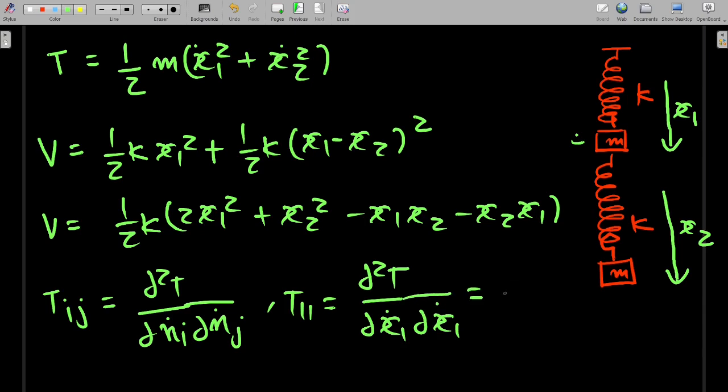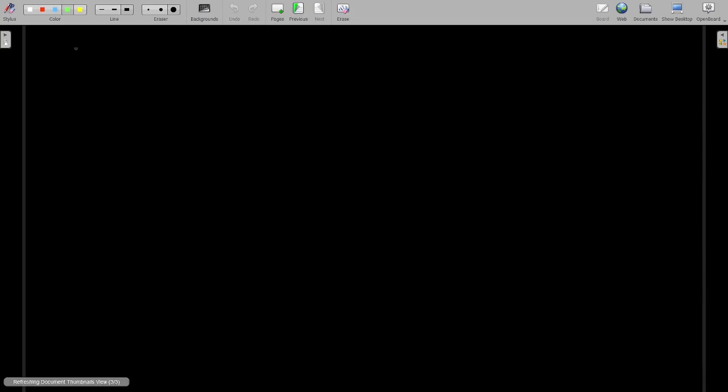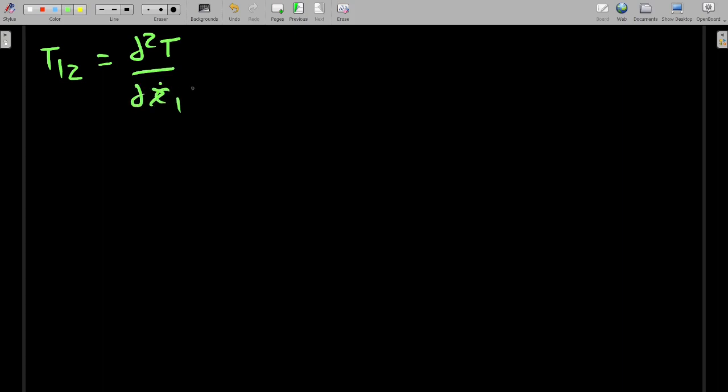So our T11 is m. T12 is del 2 T upon del x1 dot into del x2 dot, which is 0.